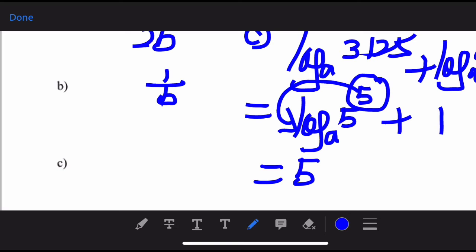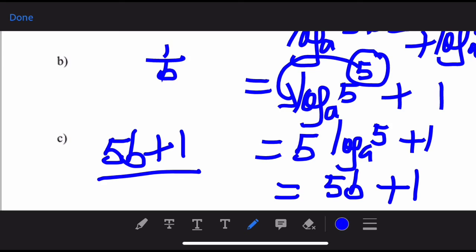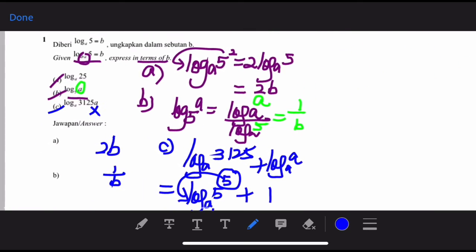Log a 5 is actually given by the question, which is b. So our answer can be in terms of number and b. So this answer is 5b plus 1. That is how you answer question number 1 for paper 1.